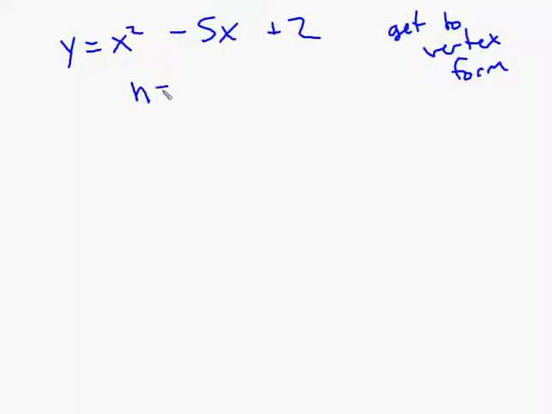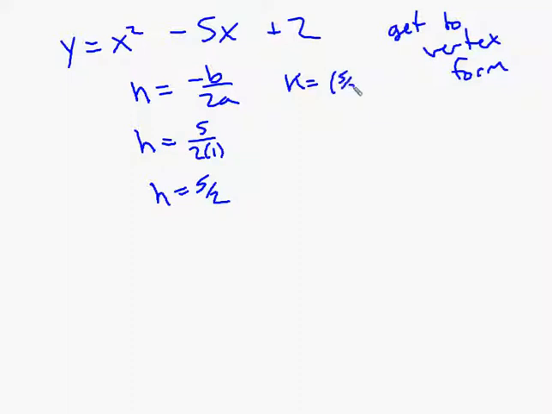So h is negative b over 2a. So I get 5 over 2 times 1. So 5 halves. And k is going to be, put that in for x. So I get 5 halves squared minus 5 times 5 halves plus 2. So k is 25 fourths minus 25 halves plus 2.